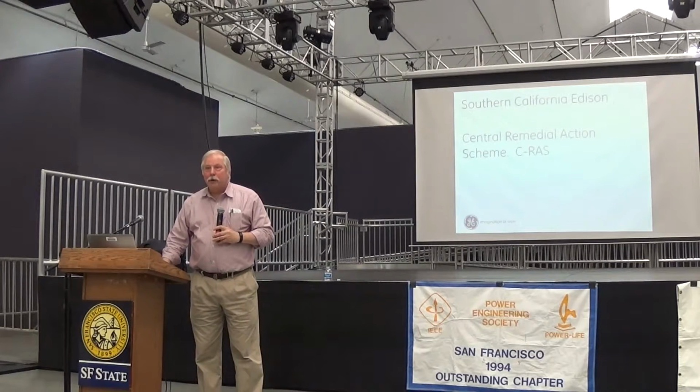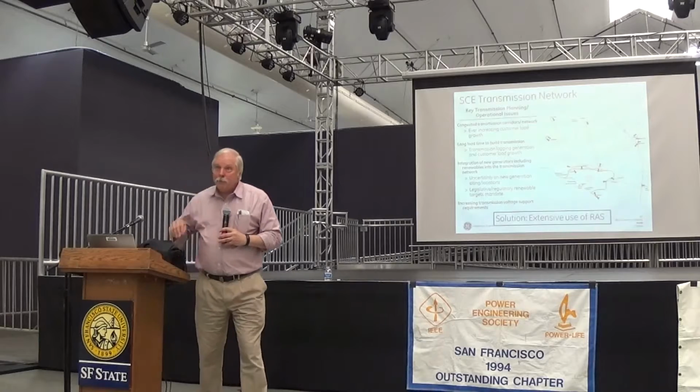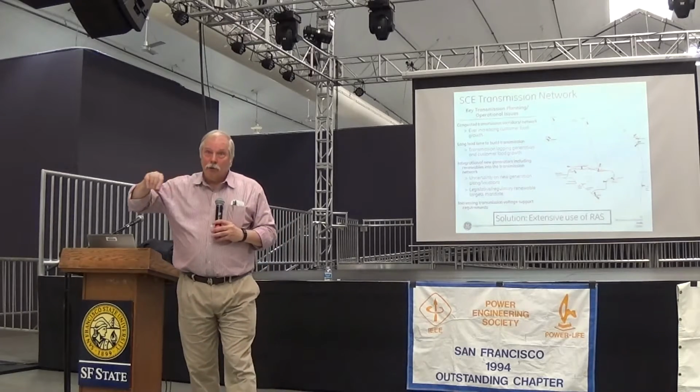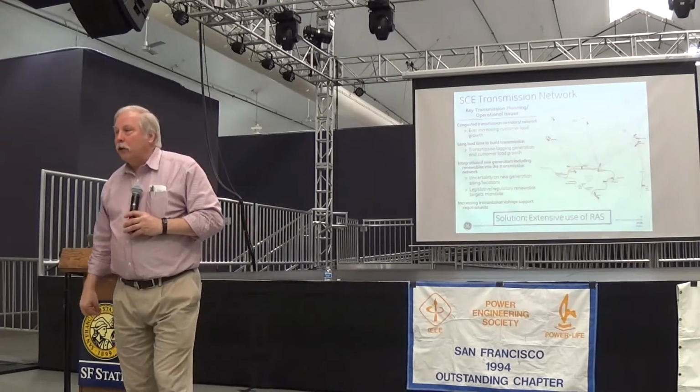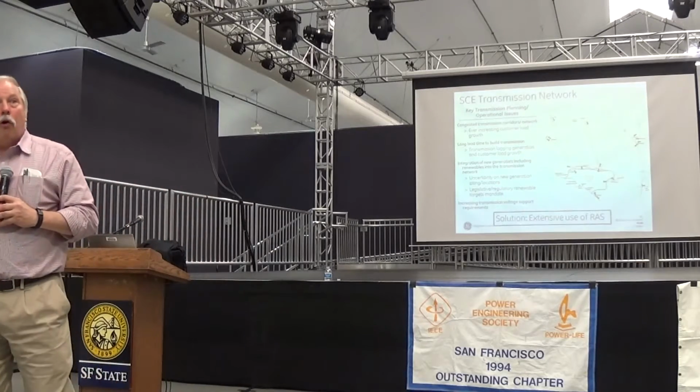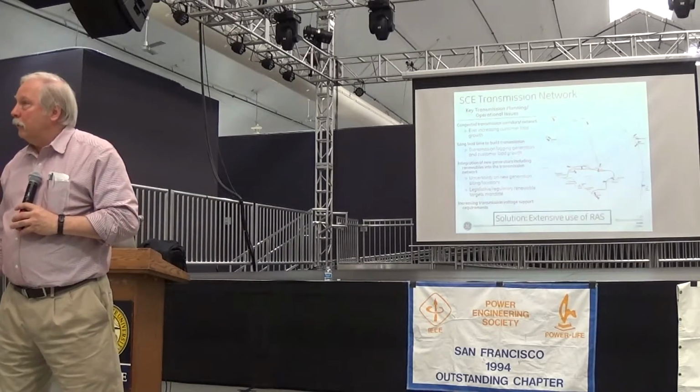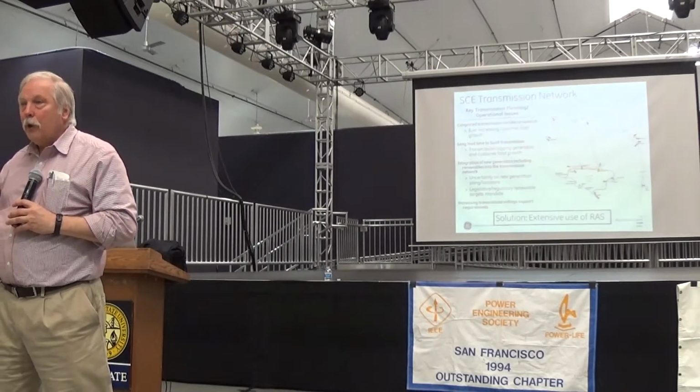Another application, your neighbor to the south, Southern California Edison, has developed something called the Centralized Remedial Action Scheme, or CRAS. The idea being that there's a wide range of situations that call for remedial action in the Southern Cal system.